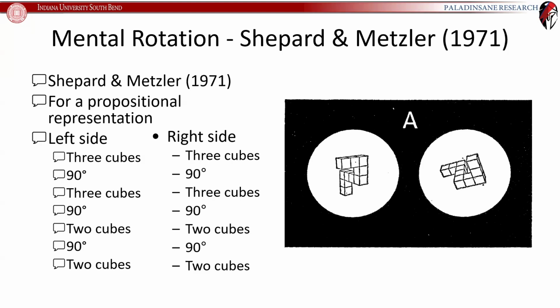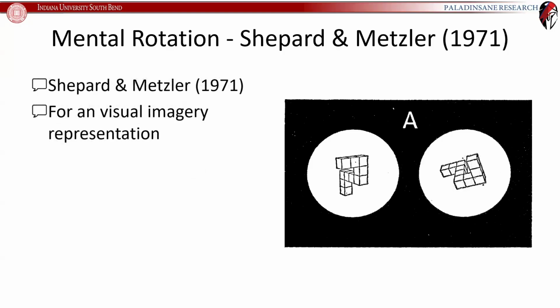So in a propositional representation, you could determine that they're the same objects just by going through a propositional statement description of the two objects. On the other hand, if you were using visual imagery representations, if these were actually the representations doing the work.